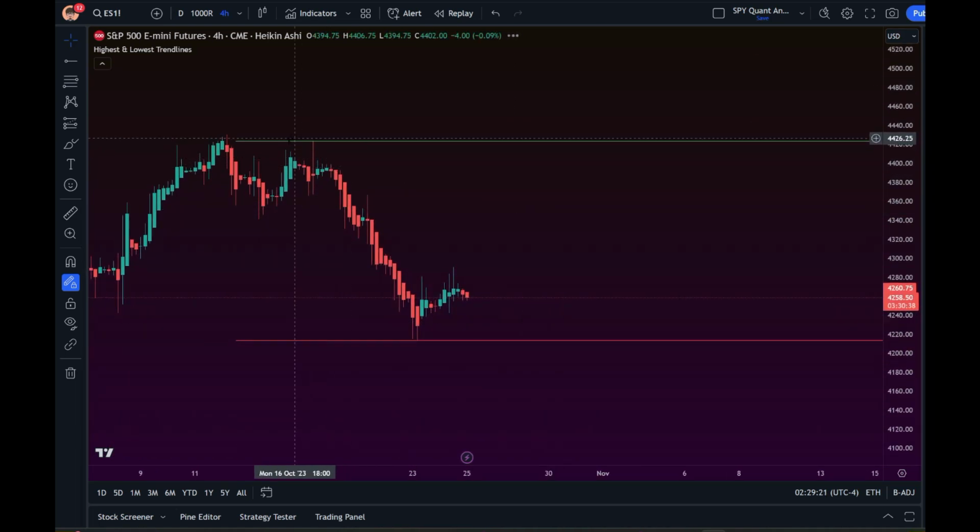You can see it's plotting the highest here and the lowest here, sorry, and as we make new highs and new lows, it's going to delete and reposition the lines accordingly. This is very helpful for identifying where our supports and resistances are based on our Heikin Ashi wicks, okay?